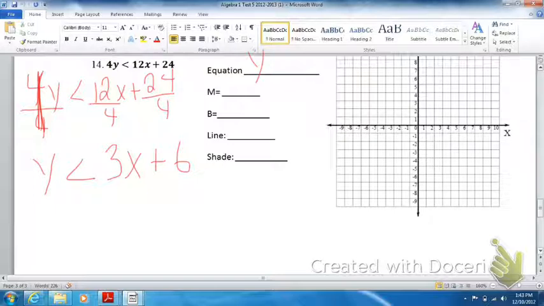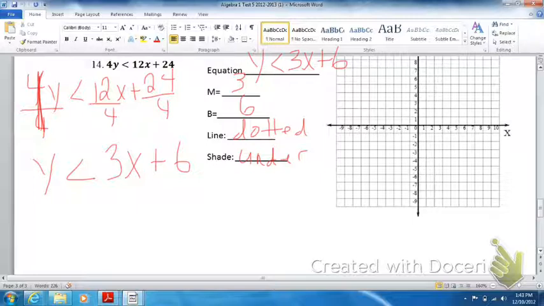So y is less than 3x plus 6. That's the slope 3. Y-intercept is 6. The line will be dotted. Why? Because this does not have a line underneath. If it had a line underneath, then it would have to be a full line. But right now it's just a regular dotted line. This is less than, so you shade under or less or below, either way.